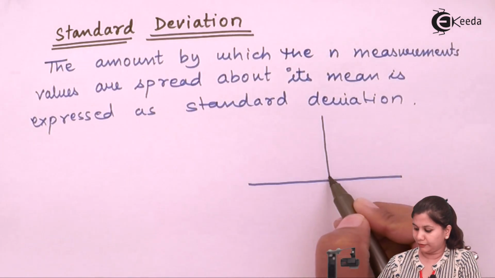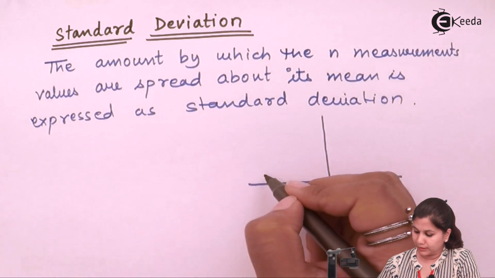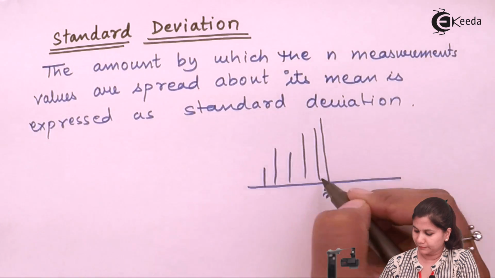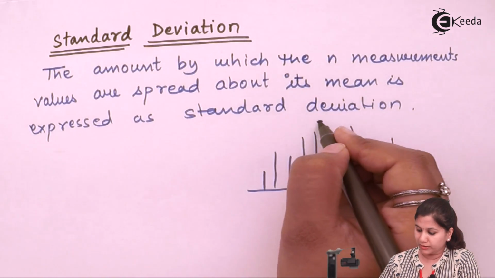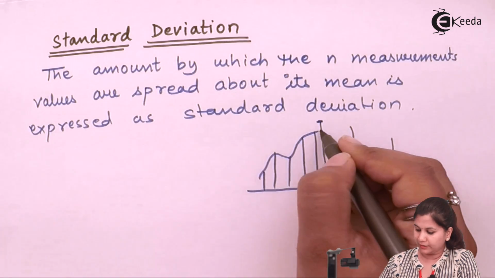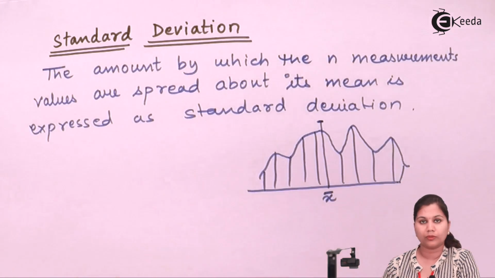This is the mean value, that is x bar. Now suppose one reading is here, one is here. Around this mean, how these values are spreading, that is called the standard deviation.